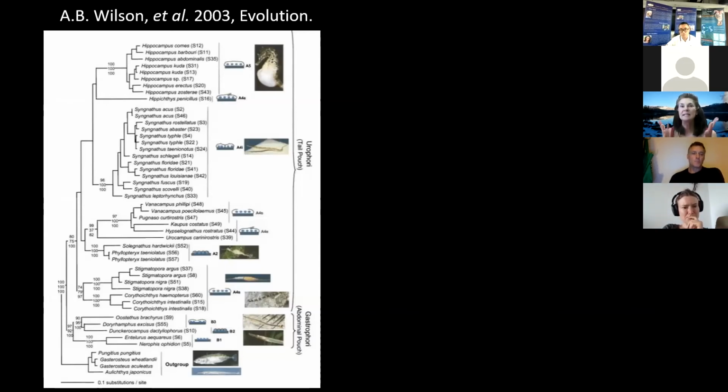Dr. Wilson was studying male pregnancy, trying to understand the reproductive patterns, and mapping the morphological character of how the brood pouch closes onto a tree that was derived by molecules. And so this was sort of our first understanding of the deeper branching patterns, the deeper splits in this evolutionary tree.